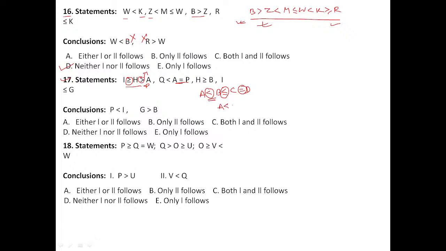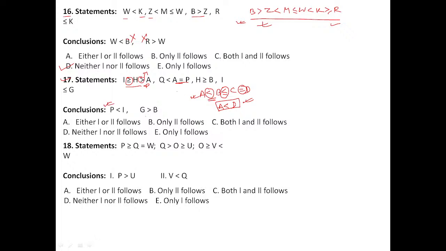That means A less than D. If the conclusion is A less than D, it will surely be satisfied. So the first conclusion is definitely satisfied.